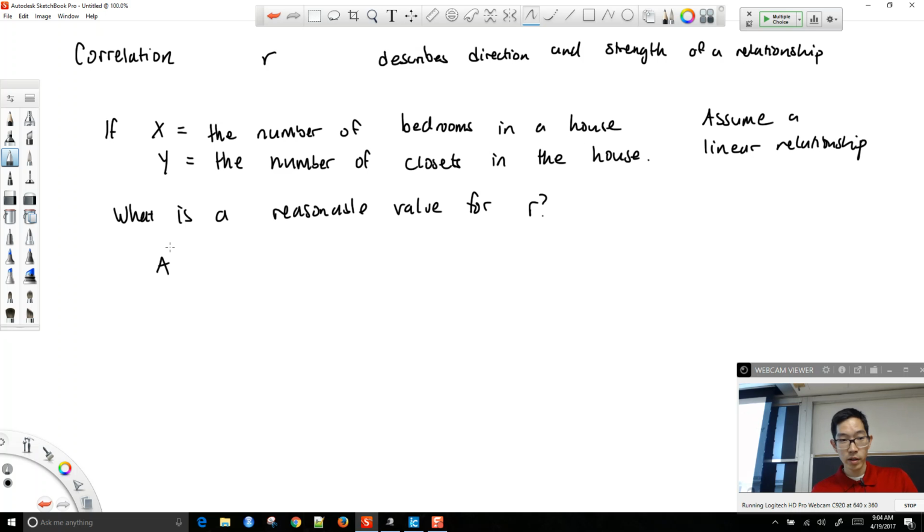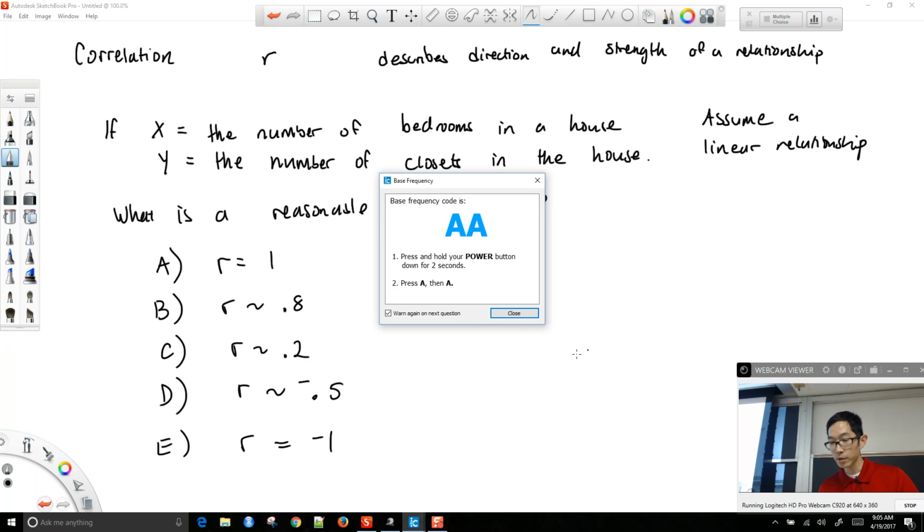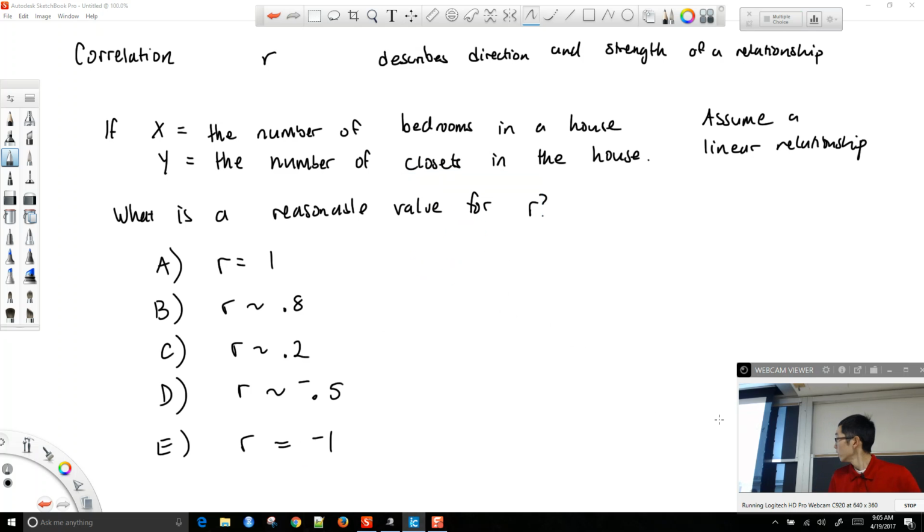Your answer choices are: a, r is equal to 1; b, r is around 0.8; c, r is around 0.2; d, r is let's say -0.5; or e, r is equal to -1. We'll get this going.